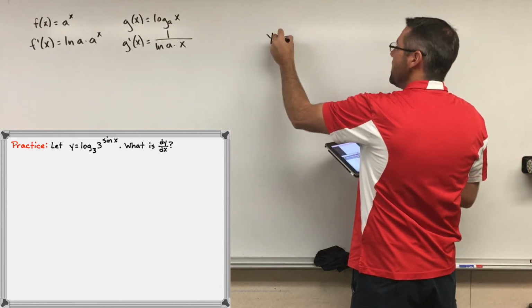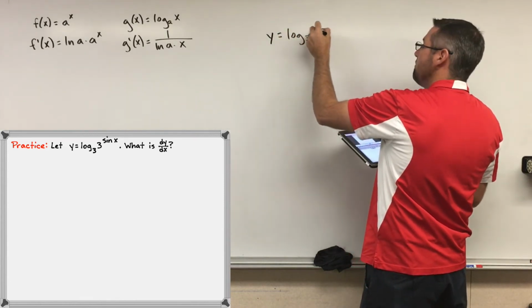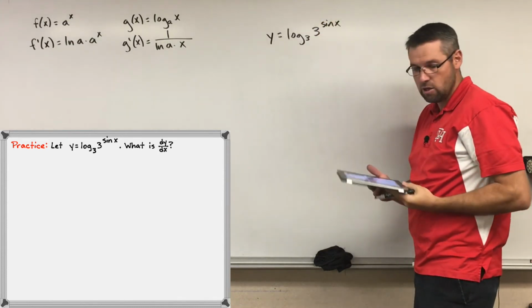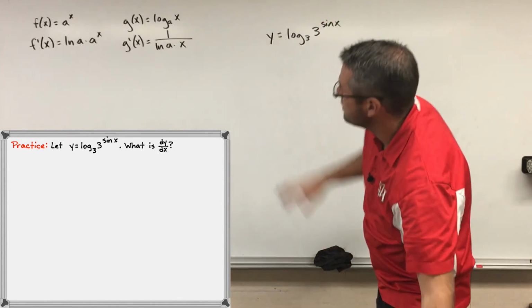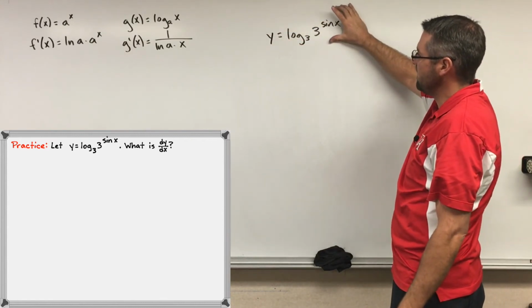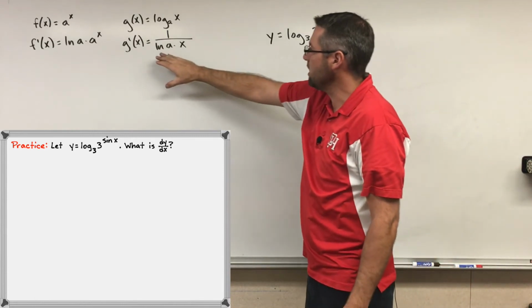So for this problem, we've got y equals log base 3 of 3 raised to the sine of x. Now we can go through the big, long process here of trying to prove what the derivative is, and that's fine if we do, but I'm just going to try and shortcut it here.